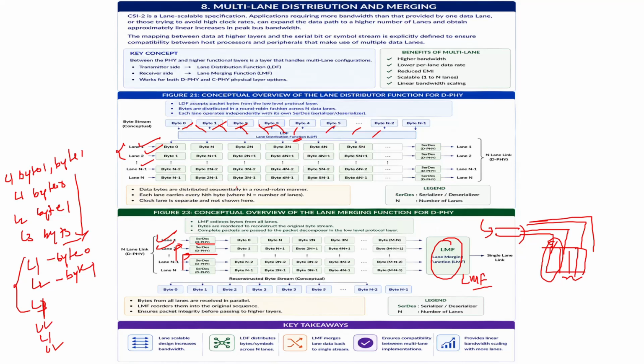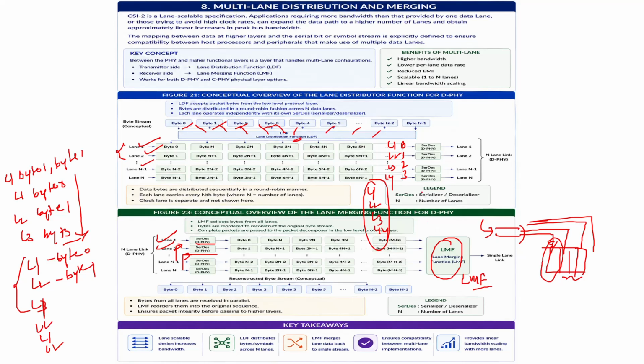If you are using two lanes, in lane 0 byte 0 is transmitting, in lane 1 byte 1 is transmitting. Or if you are using four lanes, lane 0 gets byte 0, then byte 1, byte 2, byte 3. That means L1, L2, L3, L4, again L1, L2, L3, L4. In that way, the work is divided. The bytes will be divided.